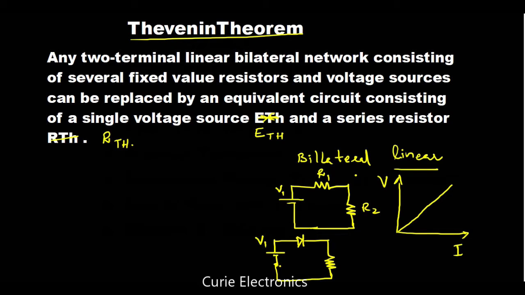If we change it, the diode is not going to conduct. So it doesn't have the same relationship, it is different. That is what is called unilateral. So these are the two terms you should know: what is linear and bilateral?